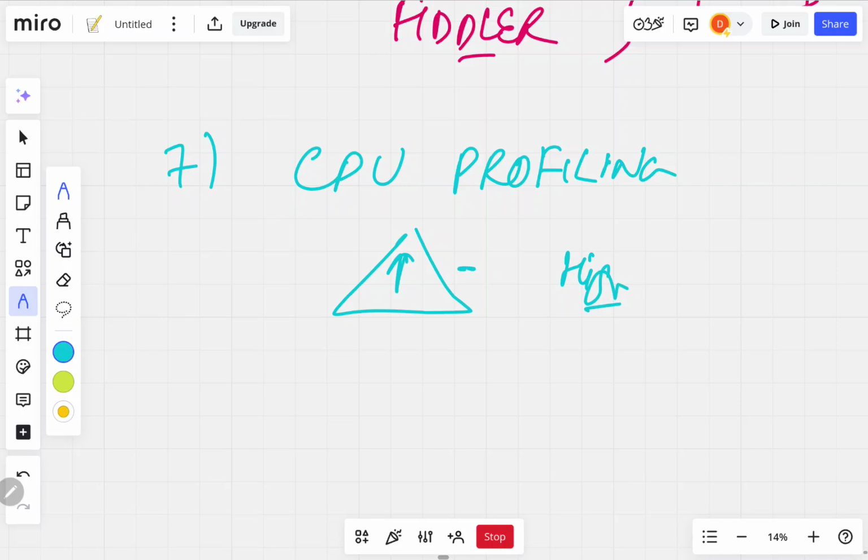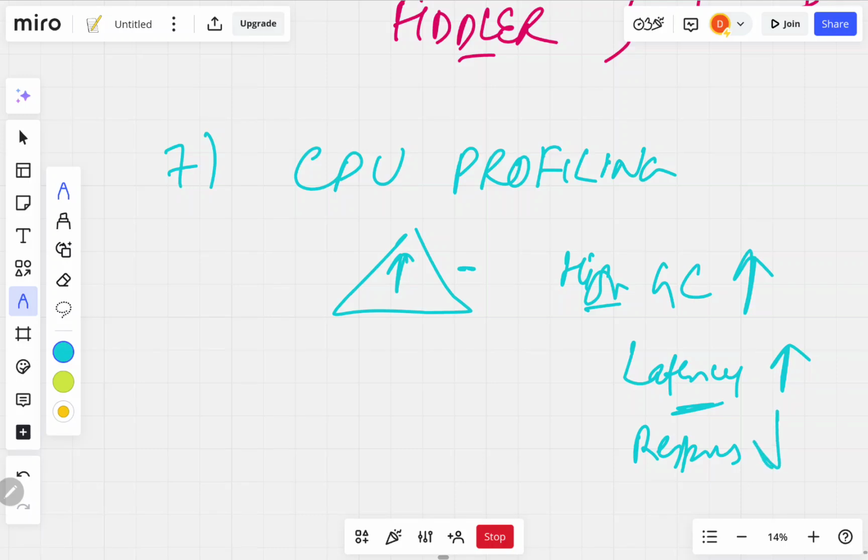It's not very much, but if the garbage collection is very high, you would have a noticeable difference. High GC latency would also increase, or you can say response of the application would decrease.